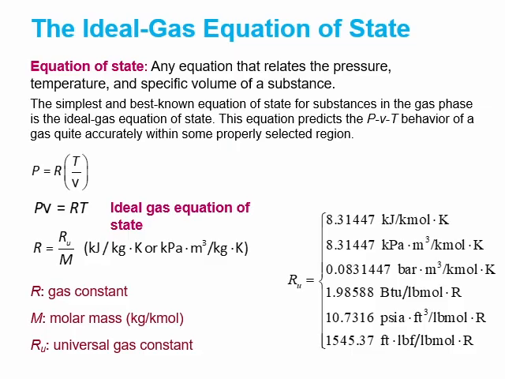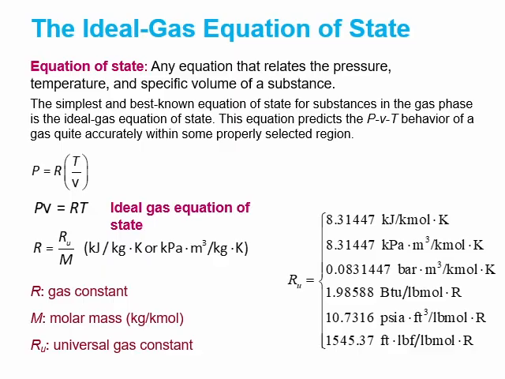An equation of state relates pressure, temperature, and volume, or in many cases, specific volume, small v, for a substance. The simplest is the ideal gas equation of state. We have this form, where P is absolute pressure, rho is density, R is a gas constant, and T is the absolute temperature, either in Kelvin or Rankine.